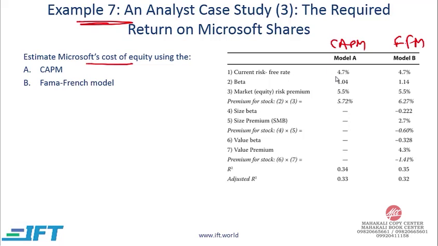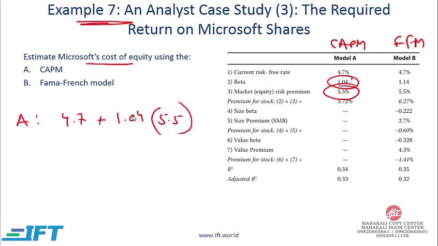It is simply the risk-free rate, which is 4.7%, plus the beta. Which beta is this if we are talking about CAPM? This is the sensitivity of the Microsoft stock to the overall market. So 1.04 multiplied by the market or equity risk premium of 5.5. This is fairly straightforward.